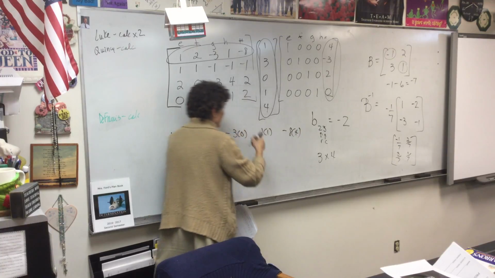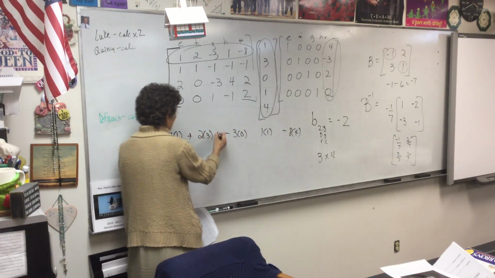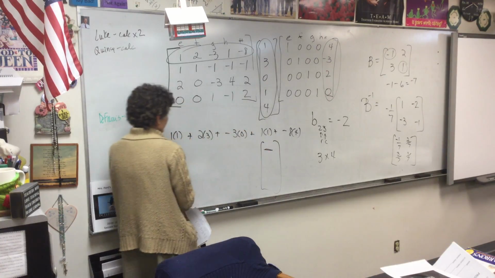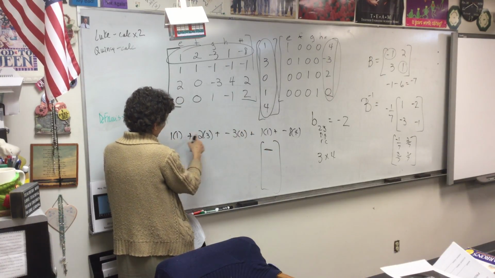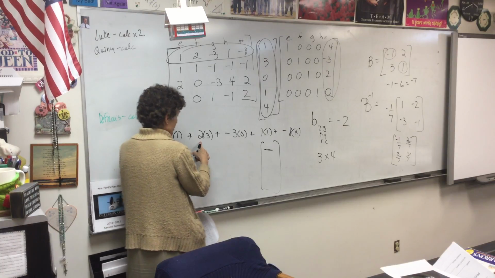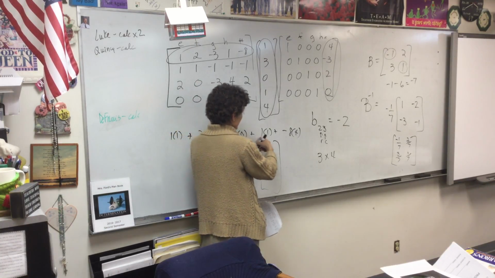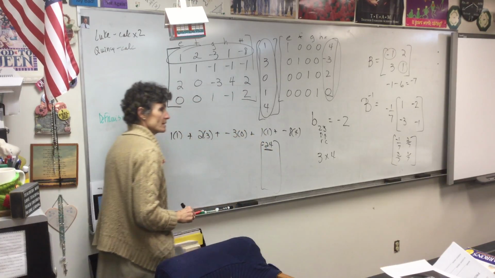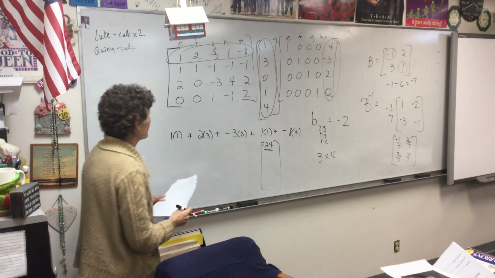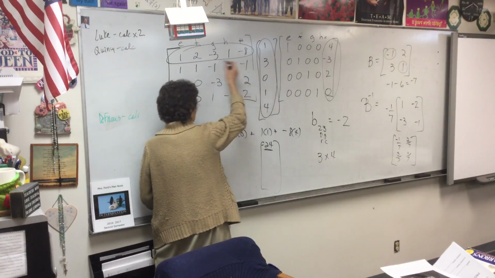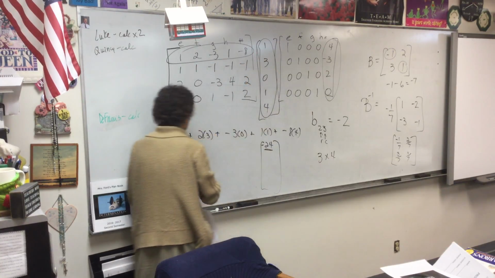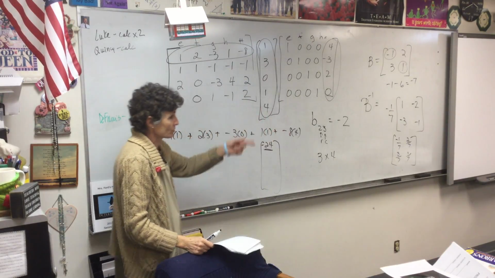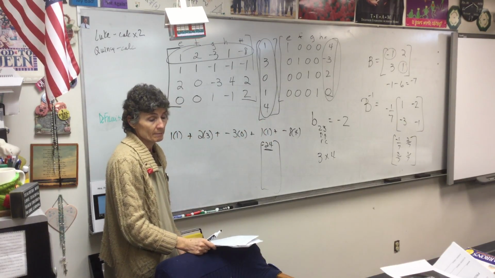And yours won't be this big, I just happen to have that one up there. And then add them up. So the first answer right here, row 1, column 1, will be 1 plus 6, which is 7, and 0, 8, minus 32, -24. If I did my arithmetic right. And then we would go on to row 2, column 1, and do exactly the same thing. Write down the numbers from the row and the numbers from the column, multiply them and add them up.